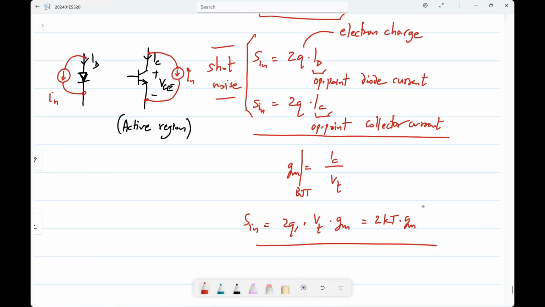The same goes for a diode: this will be 2kT times GD, where GD is the small signal conductance of the diode. So all of them follow a similar pattern.